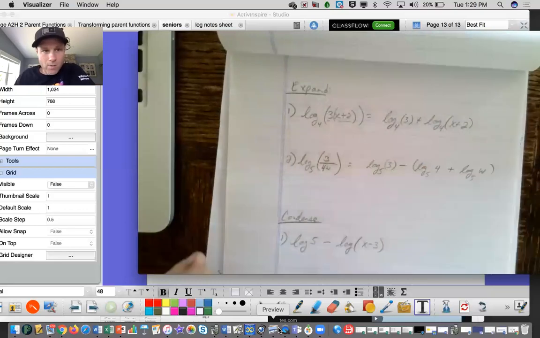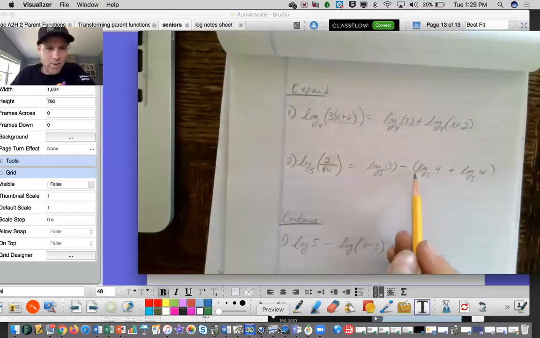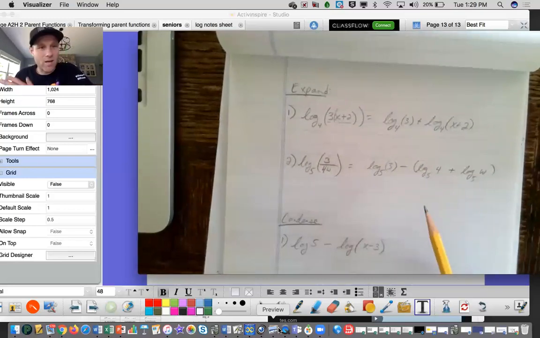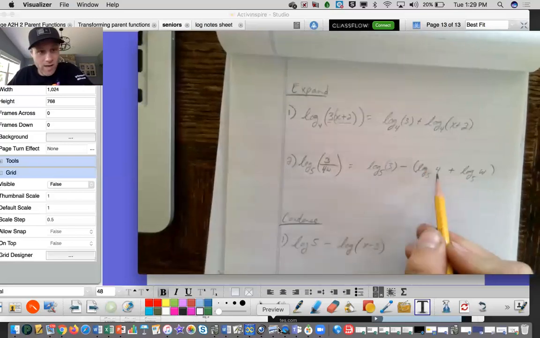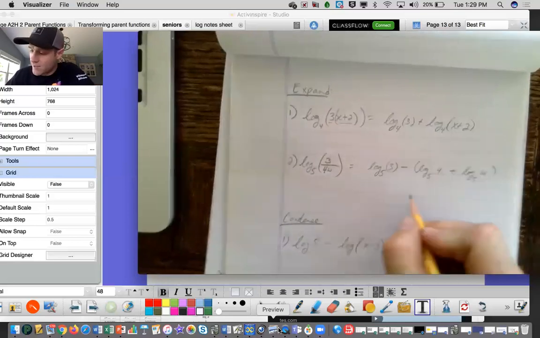Now, the key to that one is really easy. You might not notice it, but I put that entire denominator in parentheses, signifying that it is part of the entire denominator. Meaning if I were to distribute this negative sign, it would really be minus log base 5 of 4, but also minus log base 5 of w. So you might see it written like that.